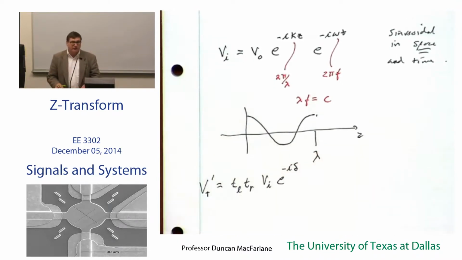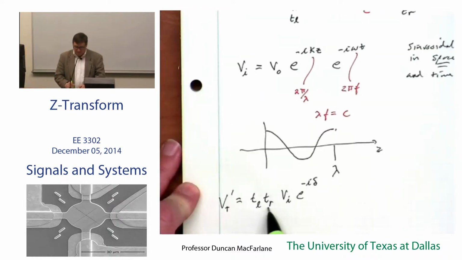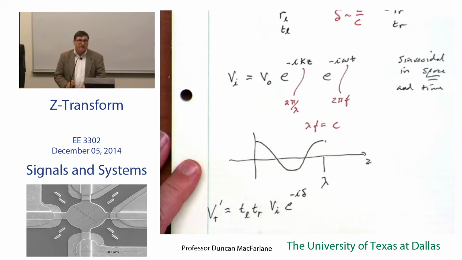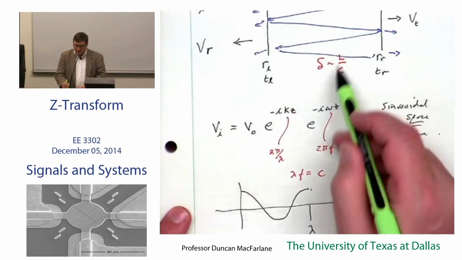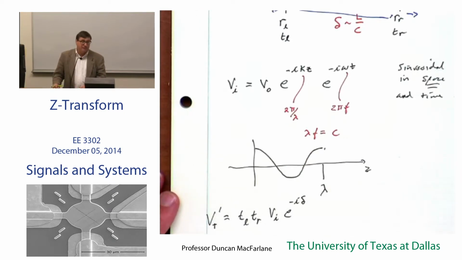That's my very first term through my structure. So I have a transmission on the left side, I have a transmission on the right side. The V in goes straight through, modified by these two weights, and it's delayed by exactly 1 L over C, e to the I delta over C.